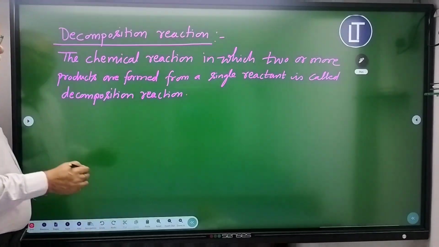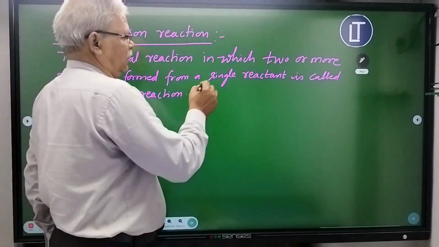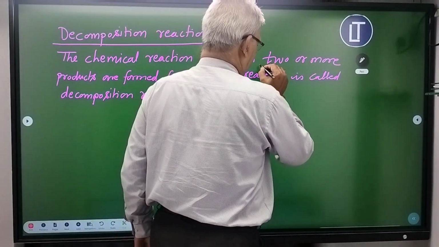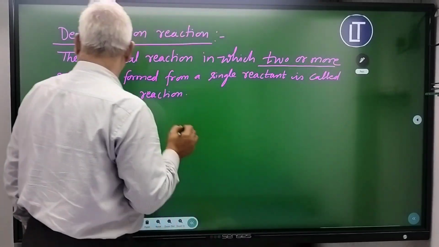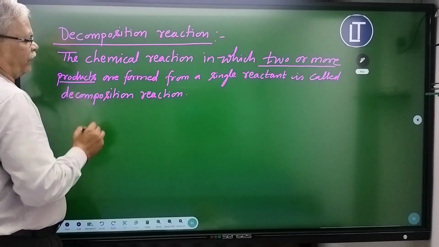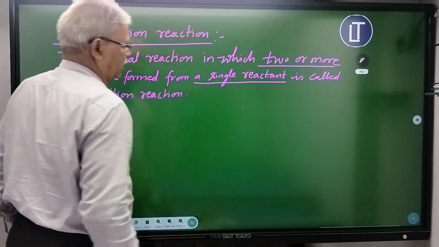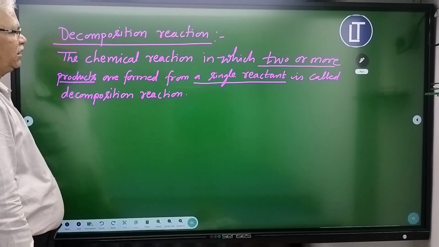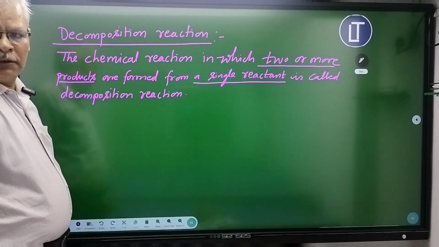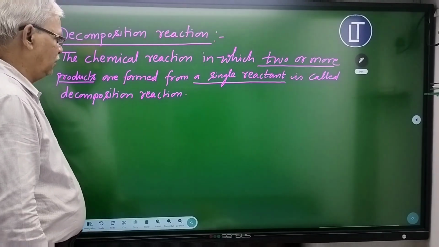Okay. Here you will see that two or more products are formed from a single reactant. Such reactions are called the decomposition reaction.